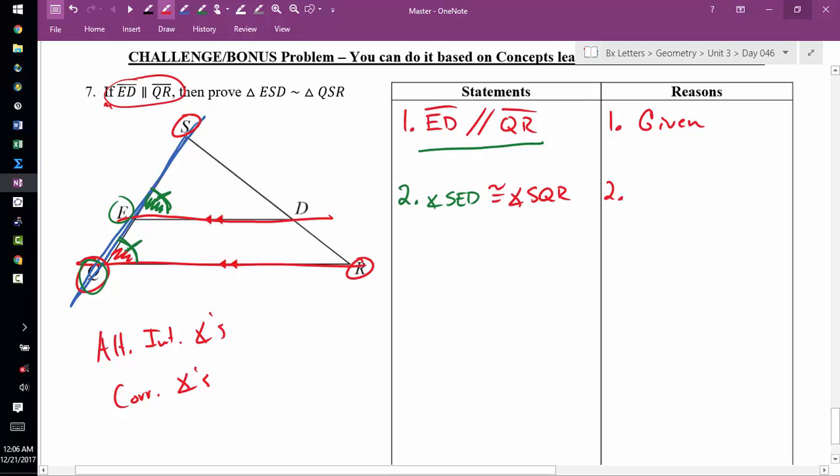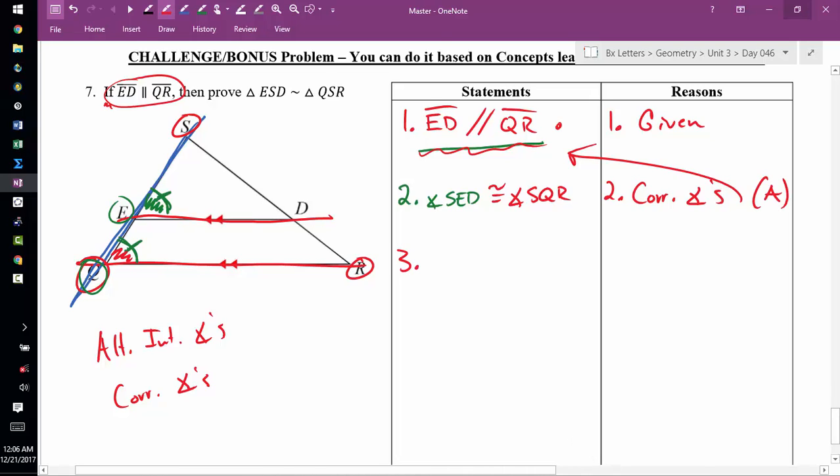Well, I'm allowed to say that because I know when I got parallel lines cut by that blue transversal, those angles are corresponding angles. And when lines are parallel, I know corresponding angles have to be congruent. That's why it's super clutch to list that parallel fact first. Because you tell me lines are parallel, I can tell you corresponding angles are congruent. And that's my first angle fact.